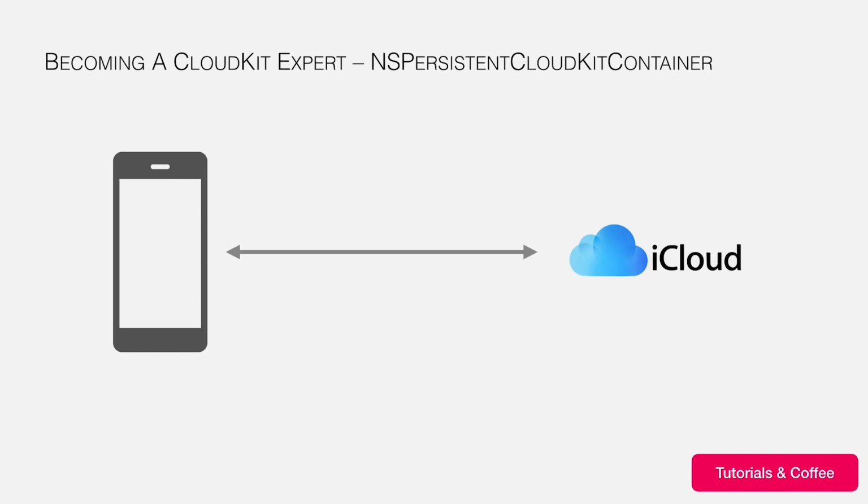And for this mechanism, we have CloudKit. CloudKit is an API to provide the possibility to pull data from iCloud and to push data into iCloud.